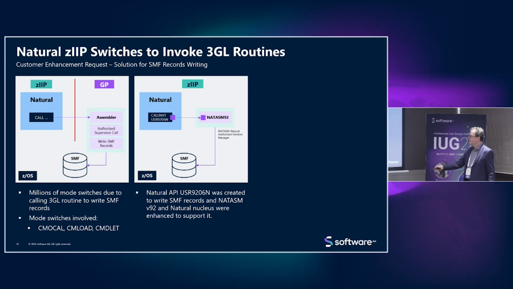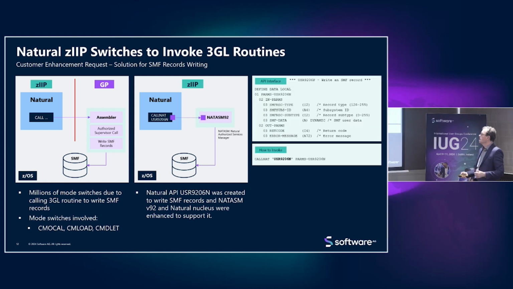And we created a Natural API, and you know our Natural APIs, the things that start with USR and sit in the SYSEXT library of the Natural installation. You can just call the Natural API using this nice interface that I document here, using this small CALLNAT statement, and bingo. This is done fully on zIIP. So this customer could dramatically improve the efficiency of their zIIP environment by using this solution.